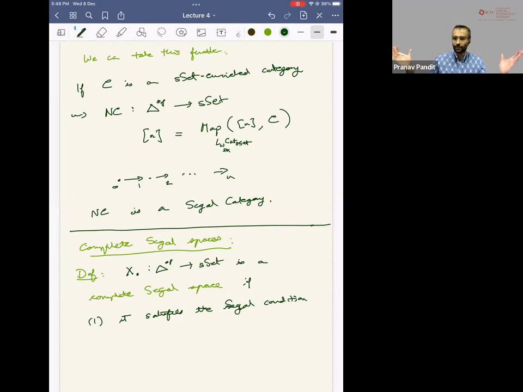So imagine I have some infinity one category. It has objects, one morphisms, and so on, two morphisms, and so on. So it has objects, and for every two objects, it has an infinity groupoid of maps between them. Now imagine that I just throw away all the one morphisms that are not invertible. Then the resulting structure is an infinity category in which every map is invertible up to homotopy.